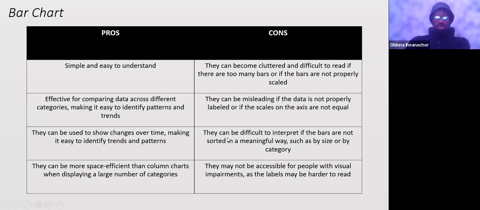Also, it can be hard to interpret if the bars are not sorted in a meaningful way. So it's best to sort either from the highest to lowest value or lowest to highest value. That way, it's easy to understand what you're trying to represent. But if it's random, it can be hard to interpret the values. And they may not be accessible for people with visual impairments. So these are some cons of the bar chart.